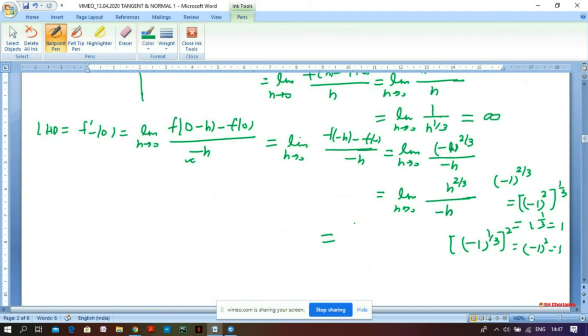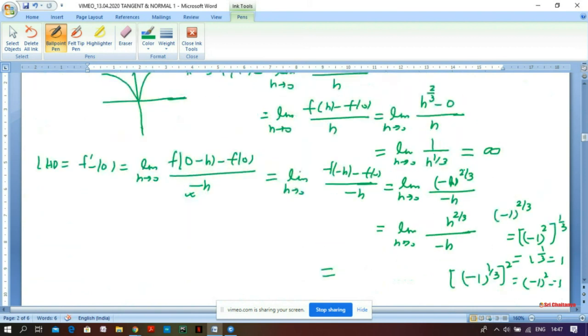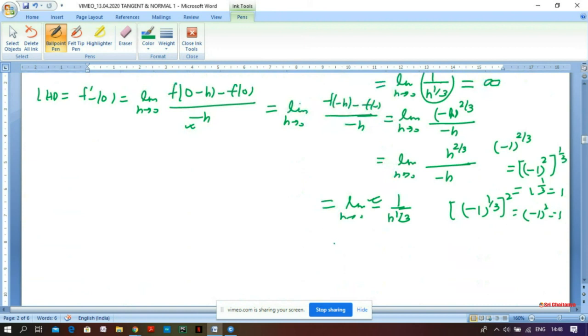And so compare with the previous one. You have got here limit h tends to 0, negative of 1 over h to the power 1 over 3. So this number was positive before, the sign in front of it was no sign, so positive. Here the sign is negative, and that results in this limit being negative infinity.